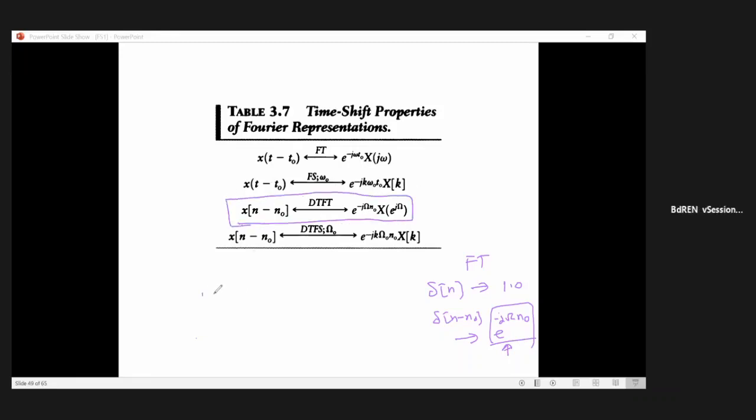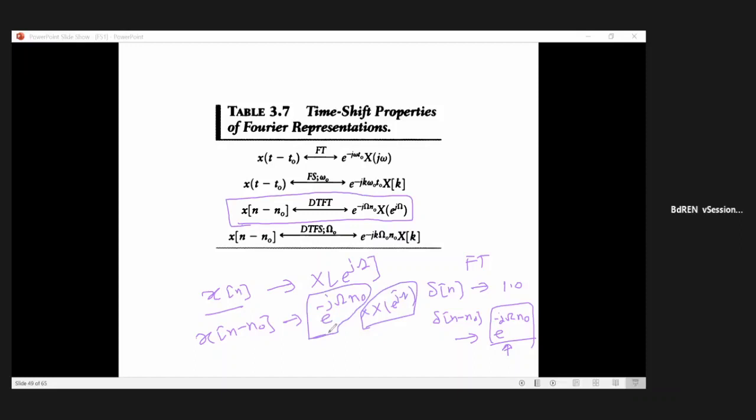This is expressed in this property. If we have a discrete time signal x[n] whose Fourier transform is X(e to the power j omega), then if we shift the signal by n0 samples, it can be to the right or to the left depending on the sign of n0, the result will be e to the power minus j omega n0 multiplied by X(e to the power j omega). That means a shift factor will be multiplied with the Fourier transform.